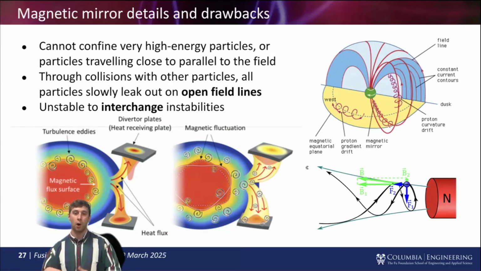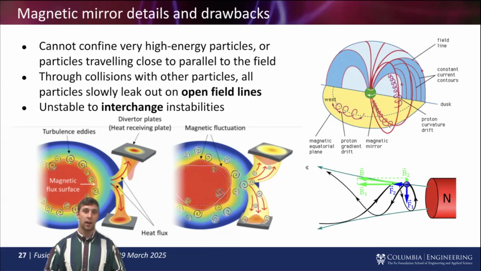So over time, all the particles will essentially leak out of the magnetic mirror. So you have to either confine your plasma for longer in other ways, or you can just have a high enough pressure that you're getting enough fusion energy in that time that your plasma is confined.